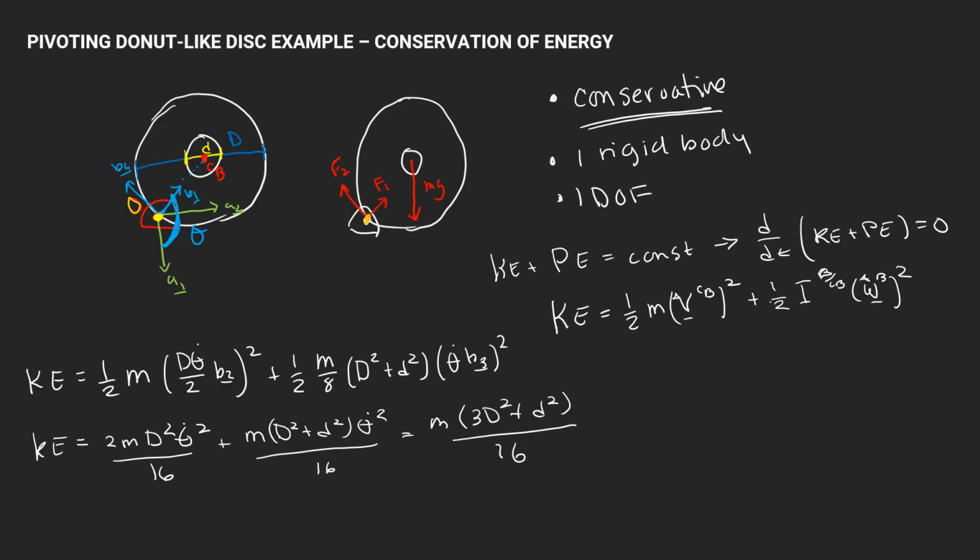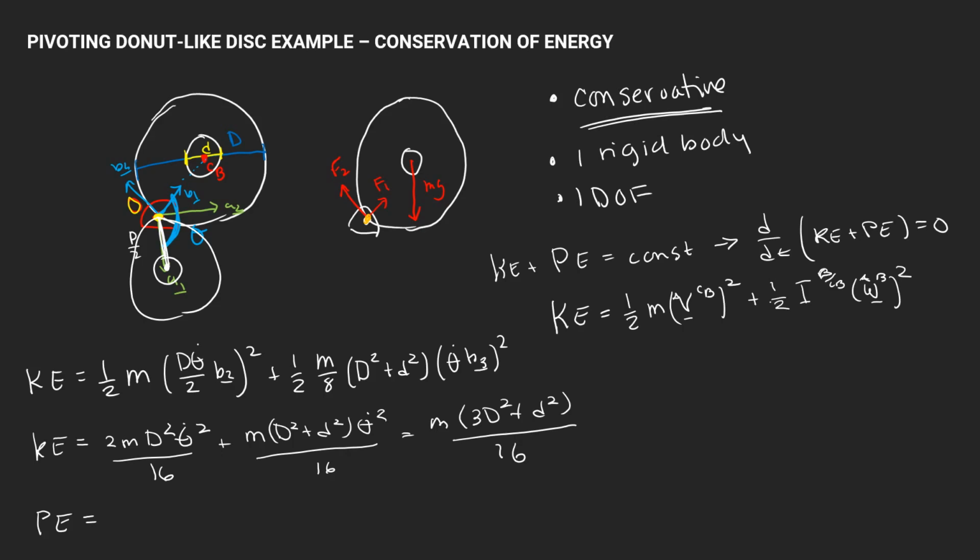And so for potential energy, we first have to define our reference point. So we're going to say that our reference point, where we have 0 potential energy, is when the disk is oriented like this, so theta is equal to 0, and our center of mass is located here, and so this is d over 2.